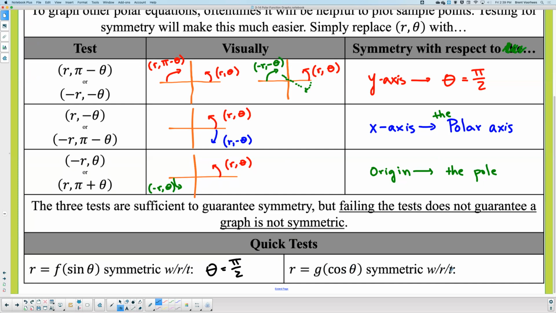Cosine always has symmetry with respect to the polar axis, the x-axis. That's a shortcut. Today, that's all we're going to get into. We're just going to name the shortcut as we go, rather than actually doing the test. But there's the test that when we get more time, we'll spend time on.